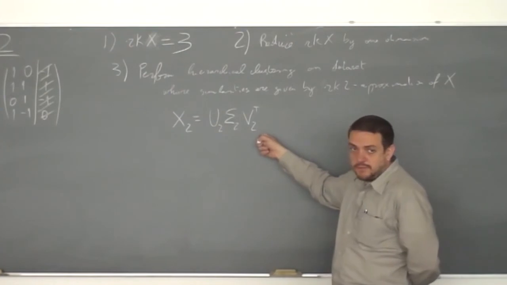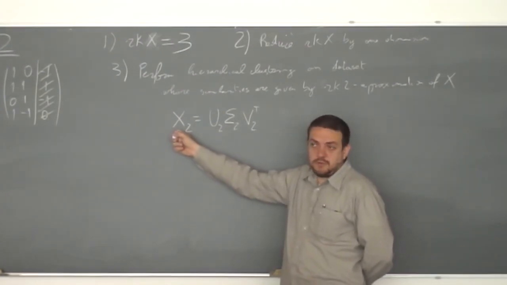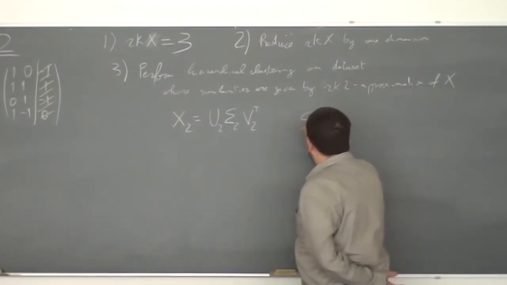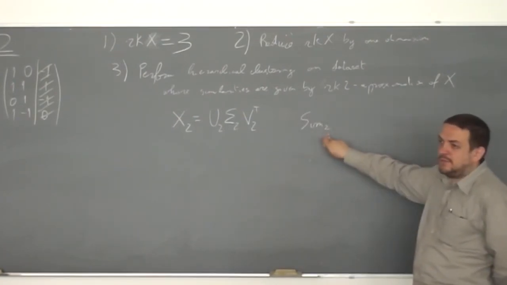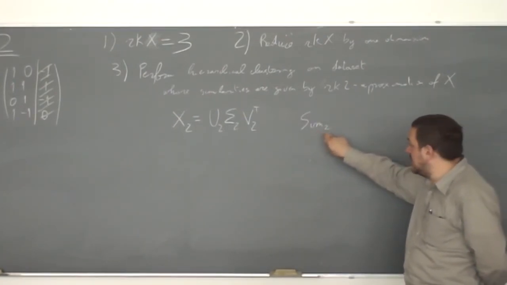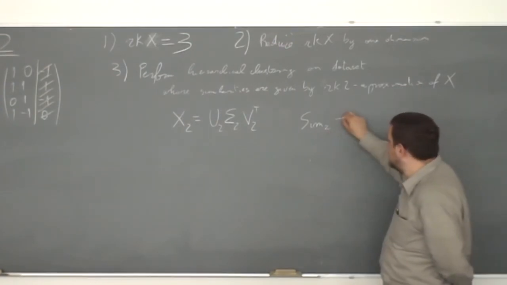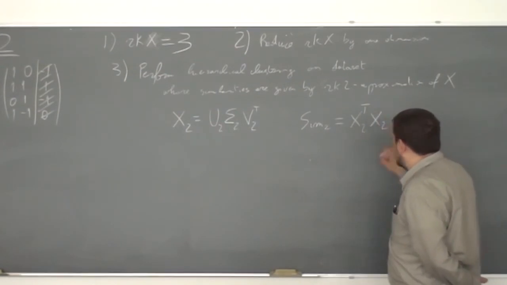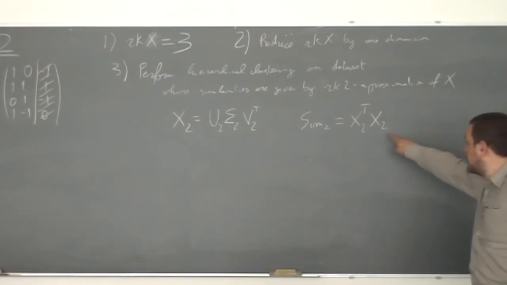Here, we don't need to explicitly compute this matrix, because all that we need is the matrix with approximate similarities, which is, as we know, X2 transpose X2. This is the matrix that we actually need.